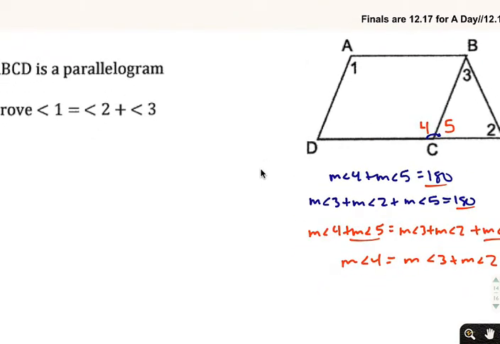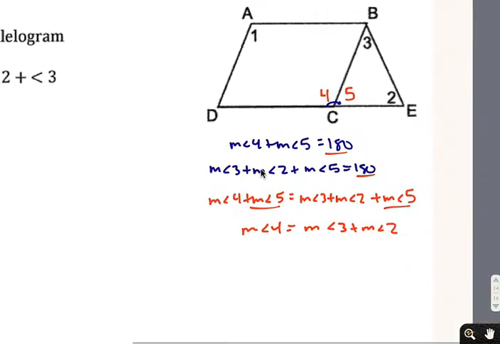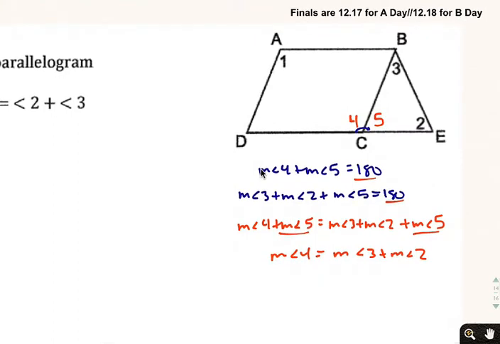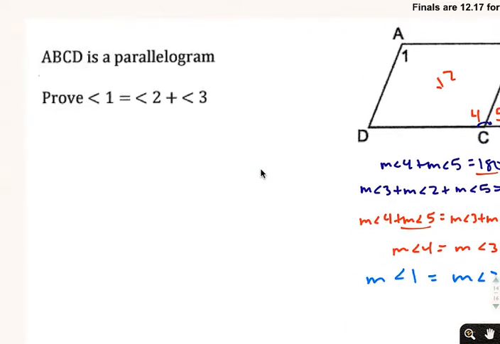I want to show that 1 is the same as 2 plus 3, but since this is a parallelogram, 1 and 4 are congruent, which means they have equal measures. So the measure of angle 1 is equal to the measure of angle 3 plus the measure of angle 2, which is exactly what I'm asked to prove.